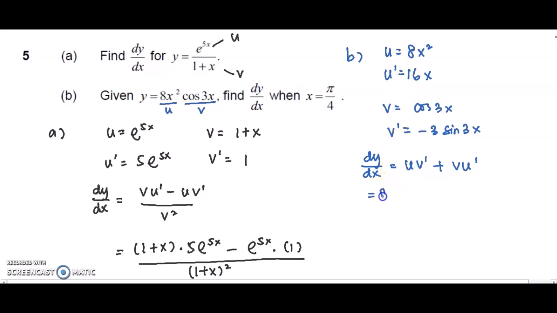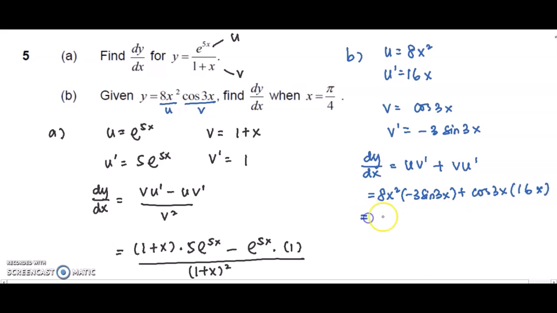So let's find out what is the uv prime. uv prime is 8x squared multiplied by the cos 3x, plus vu prime. v is your cos 3x, alright, v prime has to be negative 3 sin 3x, and plus vu prime, v is your cos 3x, and u prime is your 16x.